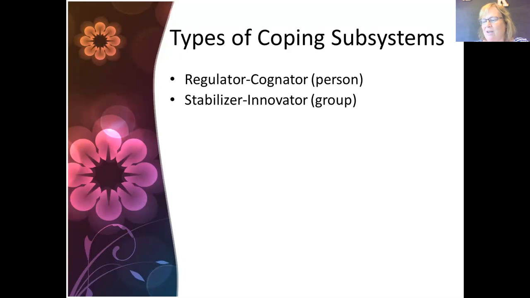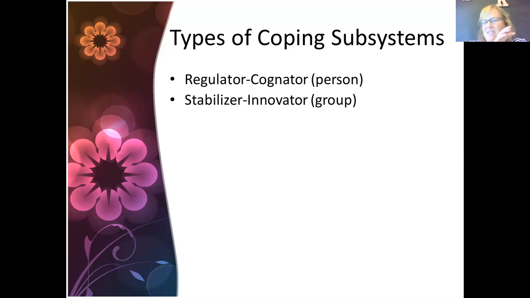Okay, so let's talk about the regulator-cognator and the stabilizer-innovator coping subsystems. Do you remember that's in the middle of that diagram, and those represent the throughput, right? So we experience these stimuli, either focal as well as contextual and potentially residual.